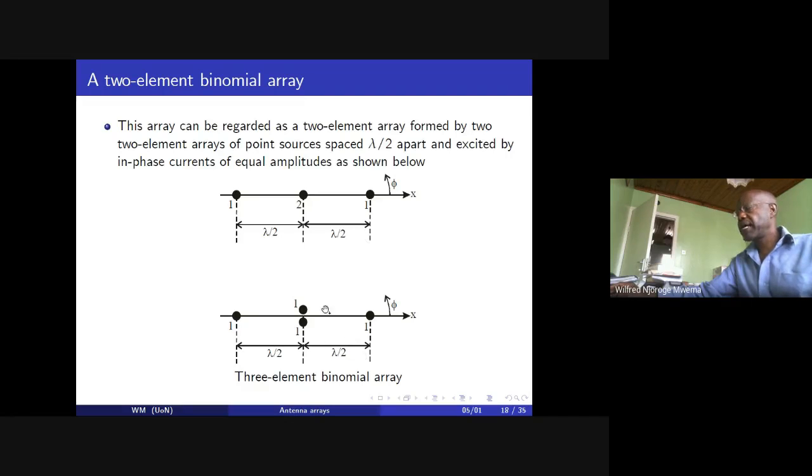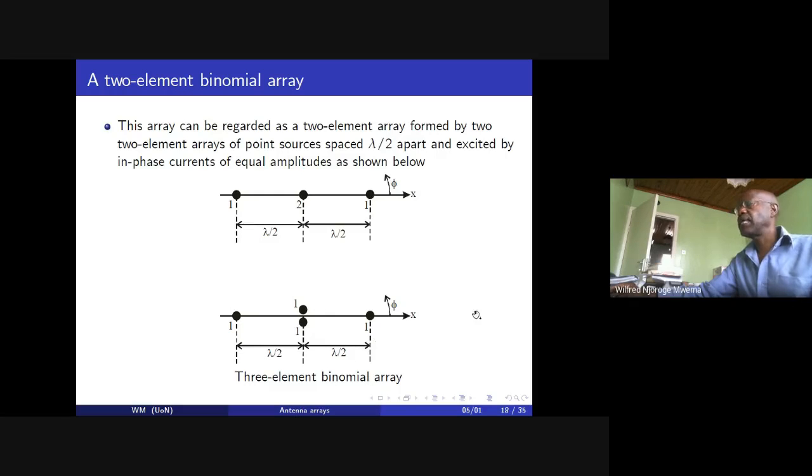And therefore, how we can deal with it is that we have the first array like we have already solved, and then we have the second array where we have co-located the two element arrays in that form, and therefore we have λ/2 on that side and λ/2 on that side.